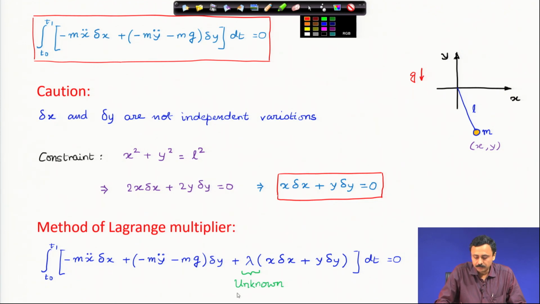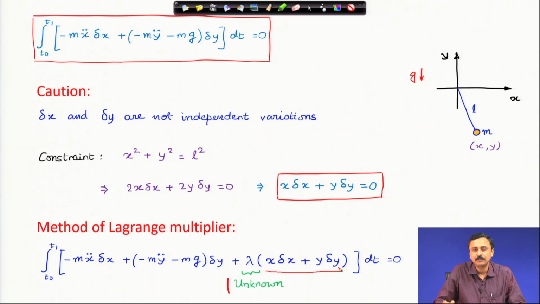This Lagrange multiplier times the constraint we have introduced into our variation. This Lagrange multiplier is an unknown, and delta x and delta y are variations which are connected. Let us see how we can argue.